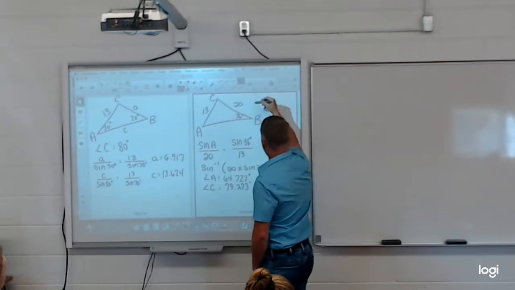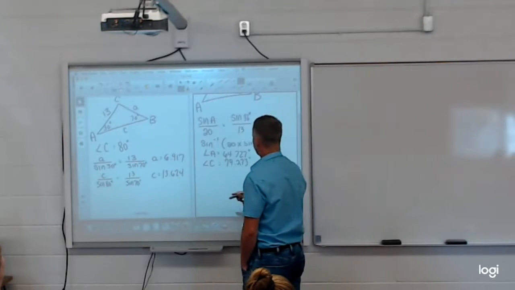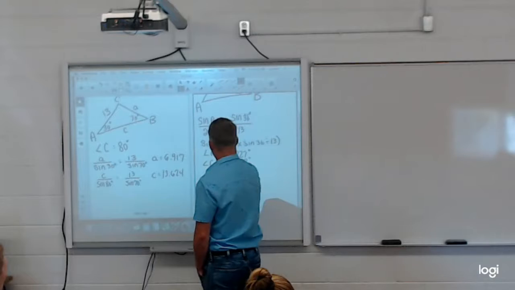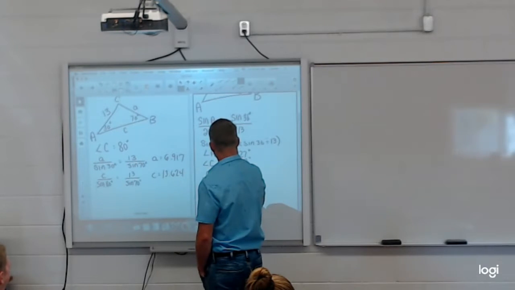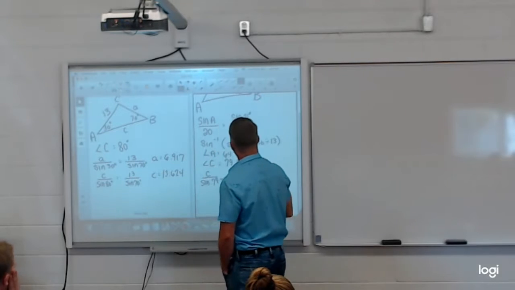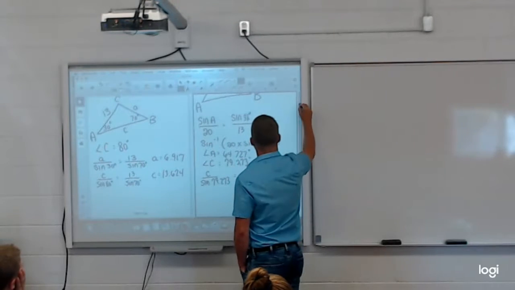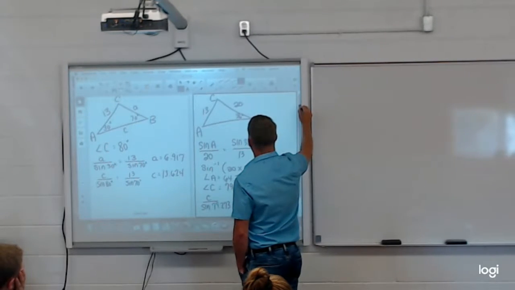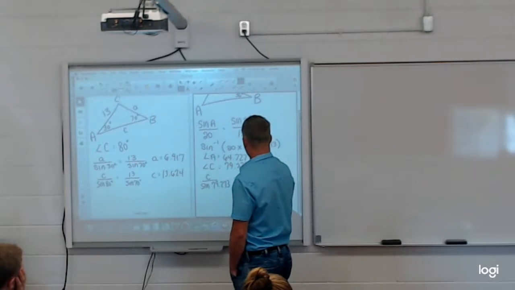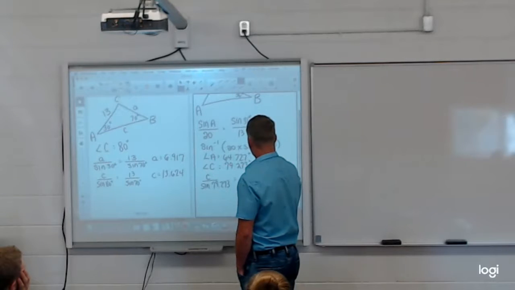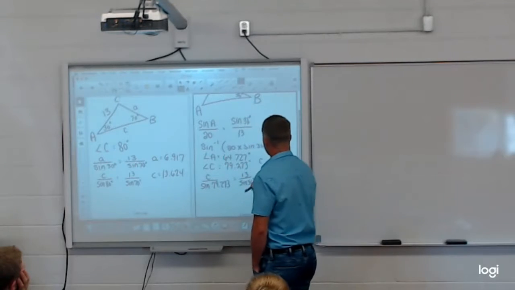So side C, just going to extend the page a bit. Side C over the sine of 79.273 is equal to, and what did I use first? 13 over sine 36, and you can calculate what C is.